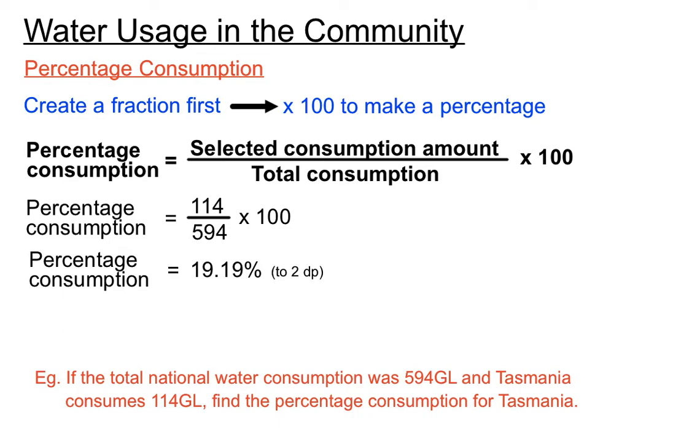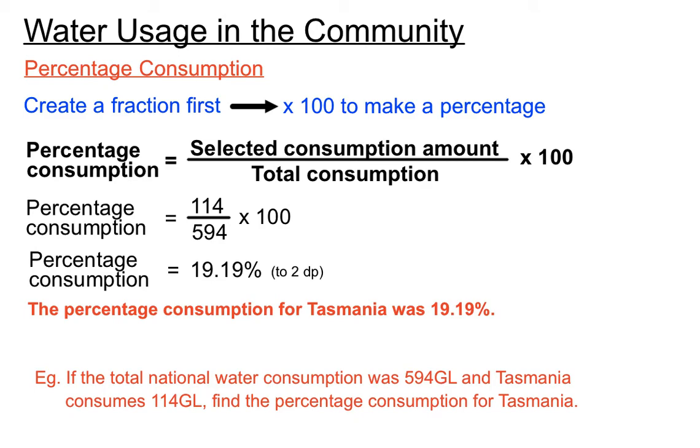So the percentage consumption for Tasmania was 19.19%. Now we were asked the question in a sentence, so we'll put our answer in sentence form. So Tasmania in this case consumed 19% of the national water consumption, and that can be one style of the question that we're asked when we're analysing water usage in the community.